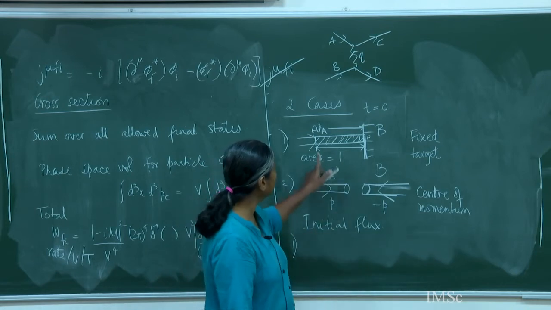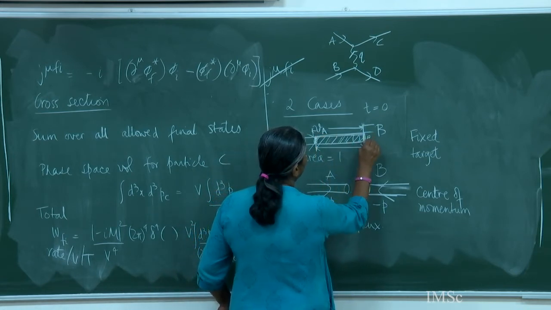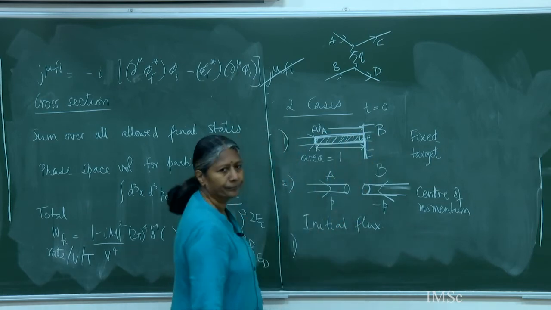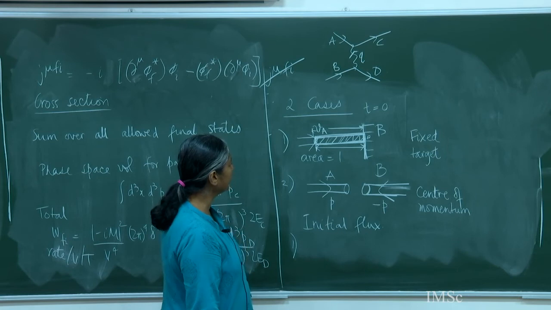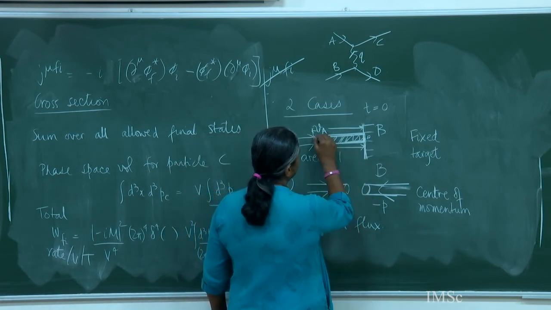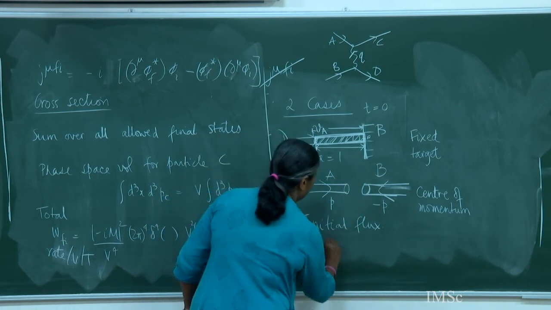So we must consider all the particles that are there from here to here in this beam. How many such particles are there? I said let us take unit area of cross section and this length is vA, so the volume is vA.